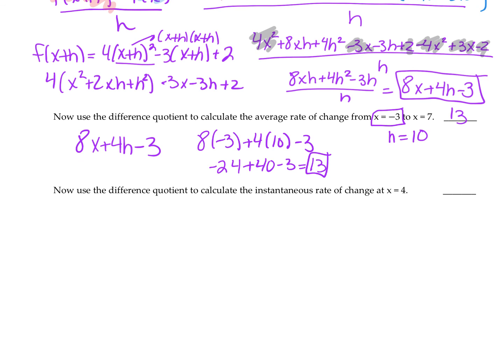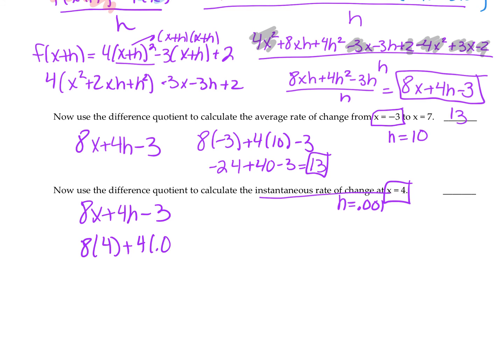Now they want us to use the difference quotient to calculate the instantaneous rate of change. Anytime you're talking about instantaneous rate of change, that means your h is 0.001, and I'm going to use my x as 4. So 8 times 4 plus 4 times 0.001 minus 3 equals 29.004. So either 29.004, or if you just round to 29, that's okay too.